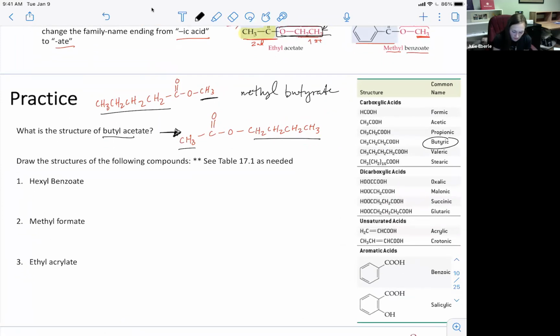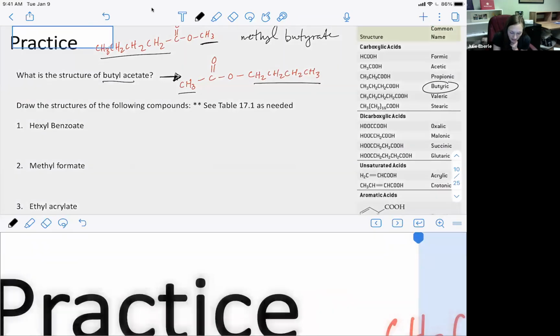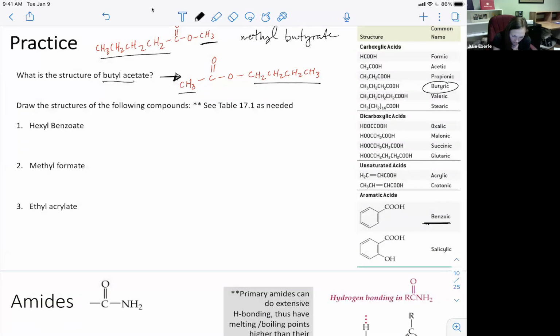Hexyl benzoate. Okay, so again, here is benzoic acid. That's the root compound here. Now, instead of the OH right here, we're gonna have a hexyl group. It's gonna be an ester. Make sure you draw in the ester part.